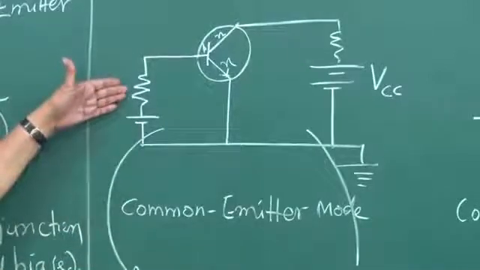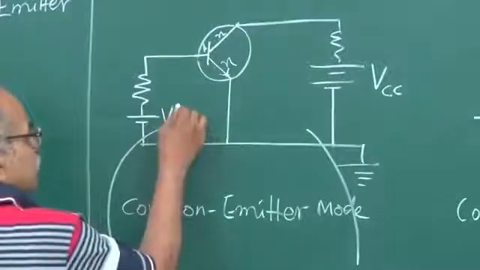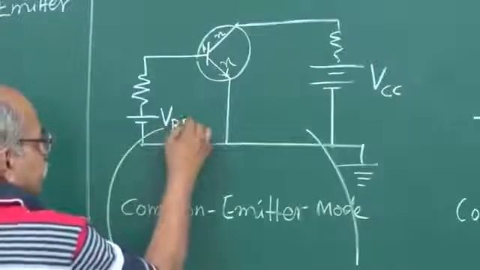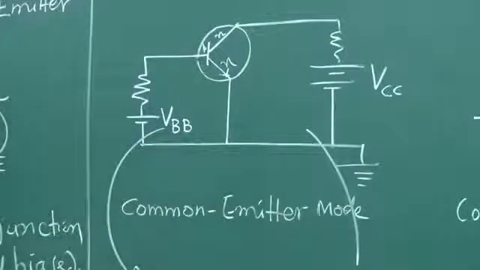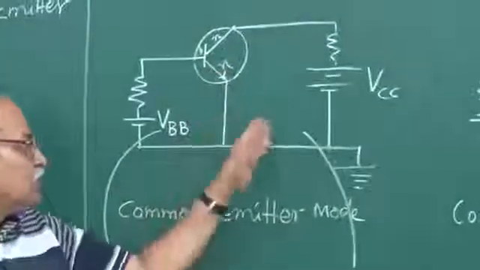And this voltage which is here, that is written as VBB. Why BB and why VCC? The emitter is common to both.